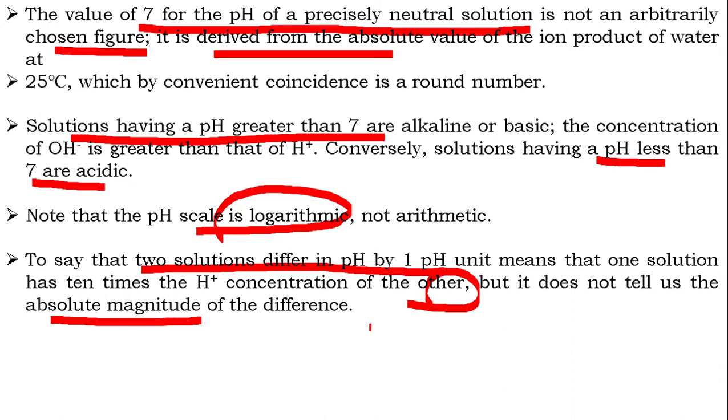You see, if the concentration of protons in one solution is A, then if the two solutions differ by 1 pH unit, it means the other has a concentration of protons which is equal to either 10A or A by 10. Okay, we don't know the absolute value.